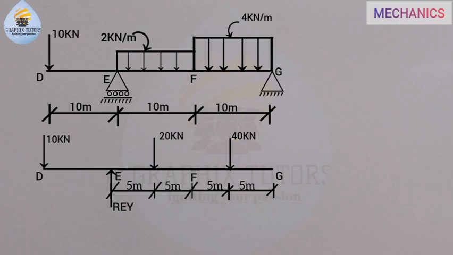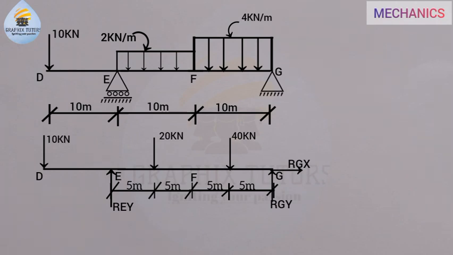A hinge support has two reactions: the force facing upward, and the one going to the right. I'm going to call the horizontal one RGX, and the vertical one RGY. Just like the roller here, it will be called REY. All these mean reaction at point E along the y-axis, reaction at point G along the x-axis, and reaction at point G along the y-axis. That is what it means.